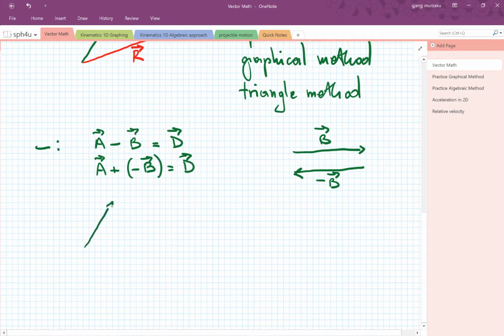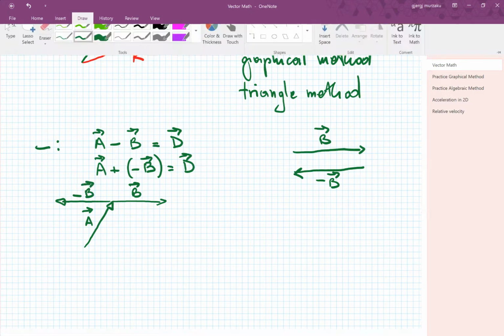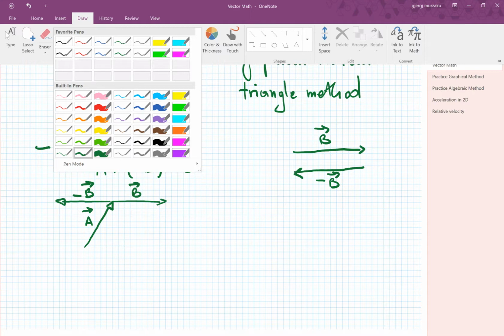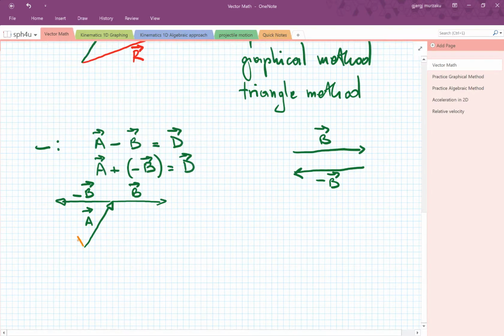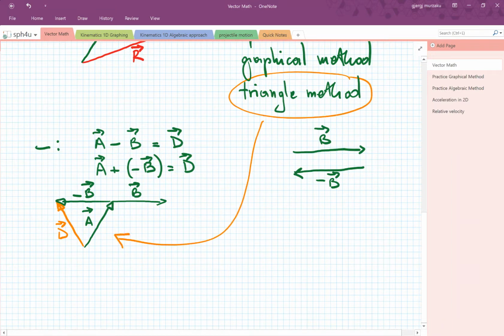Well, we add them, but instead of adding A and B, we add A, and remember B was this one. So instead of using that one, we're going to use the opposite of B. So vector D, what color should we use here? Well, let's use orange. This is the difference of the two vectors. So technically, we're still going to use the triangle method even for this one.